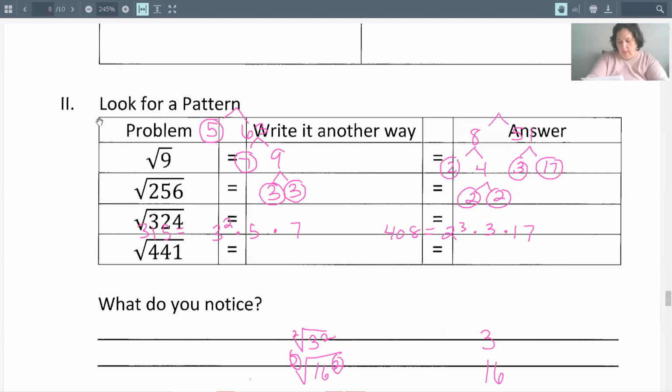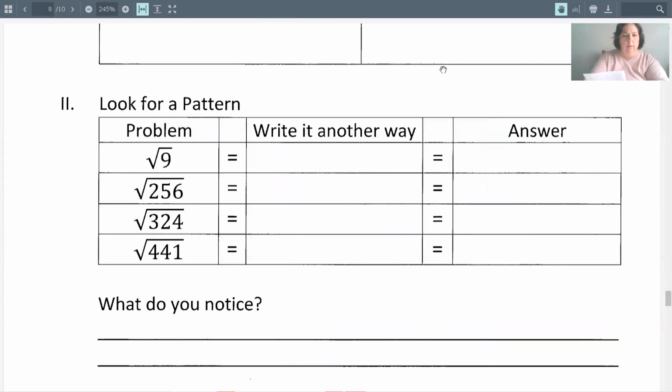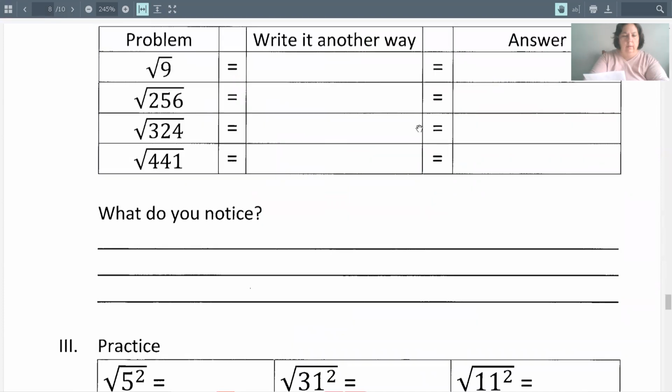Look at a couple more that are perfect squares. The square root of 324 is the same as the square root of 18 squared, which is 18.